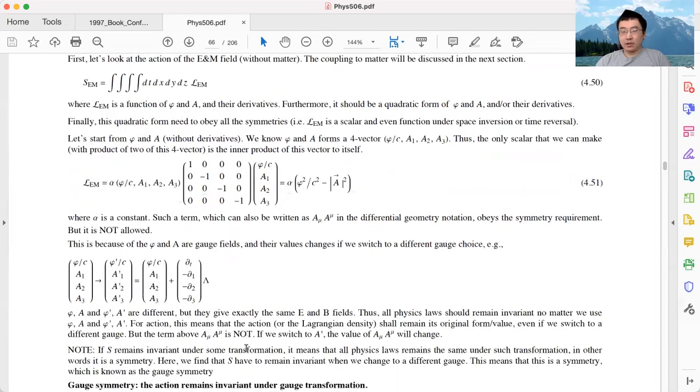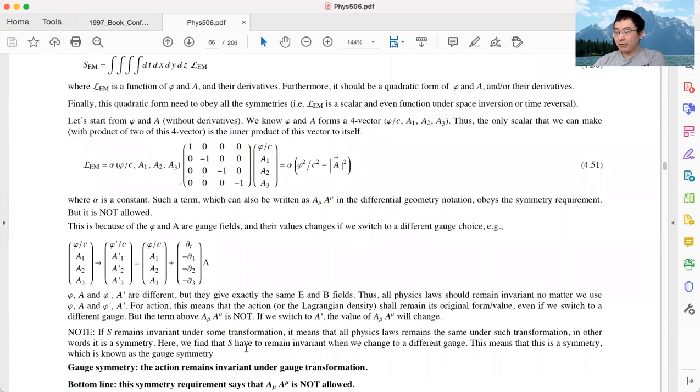As we mentioned earlier on, if we use scalar and vector potentials to describe the E and B fields, I have a freedom to choose the gauge. For example, I can choose phi and A to describe my scalar and vector potential, or I can choose another set of scalar and vector potential, which I call phi prime and A prime. This new set, phi prime and A prime, is my old scalar and vector potential plus this quantity.